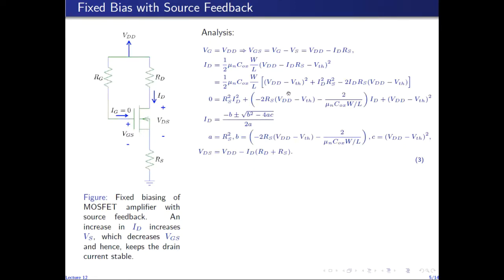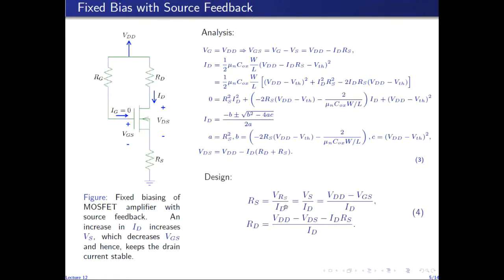When VGS decreases, ID will decrease because ID has quadratic dependence on VGS. So this negative feedback provided by the source resistor is what gives this circuit its name. This negative feedback helps in maintaining a stable drain current, and as a result, it helps in maintaining a stable bias point.